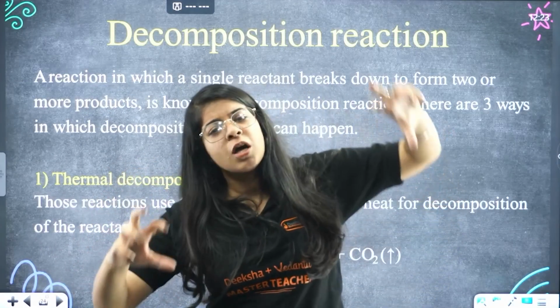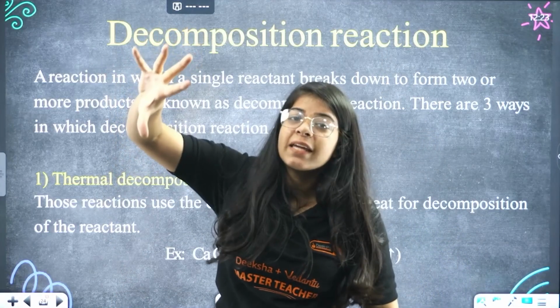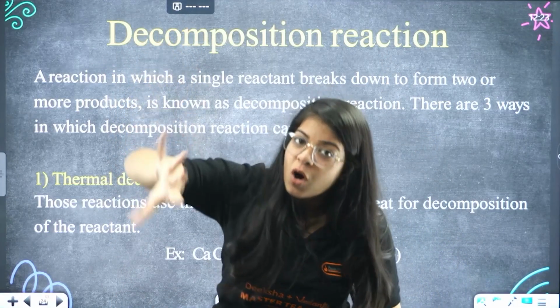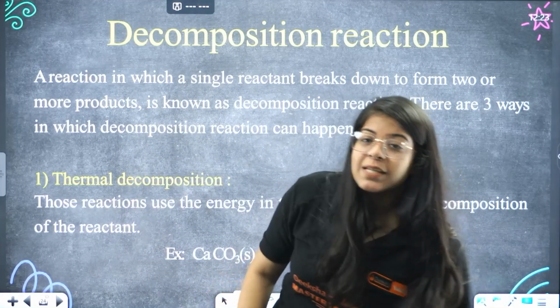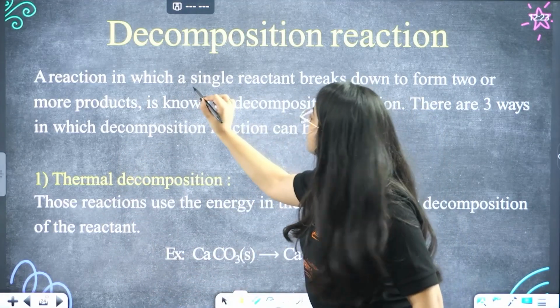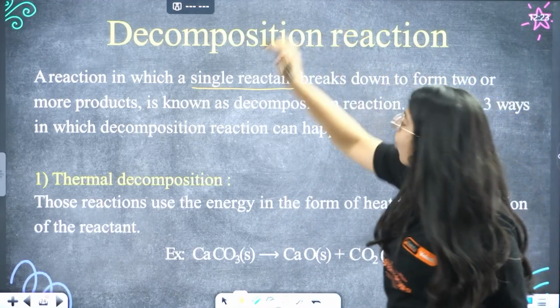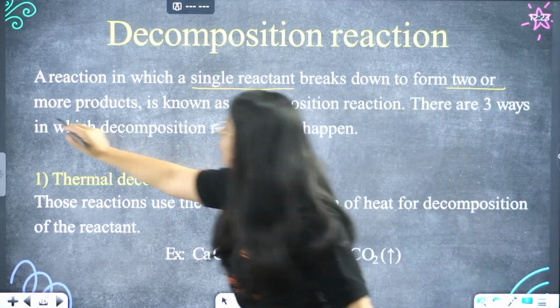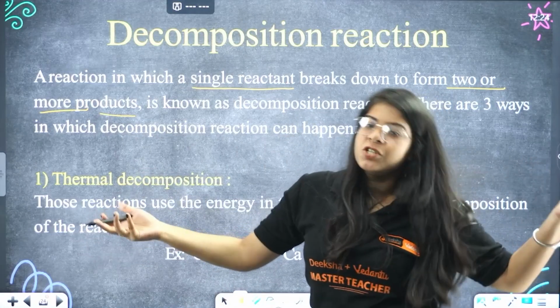In these also, the worms are breaking down the body. In these also, we are breaking the reactant into two or more products. Understood? So what is it? A reaction in which a single reactant breaks down into two or more products is known as decomposition reaction.